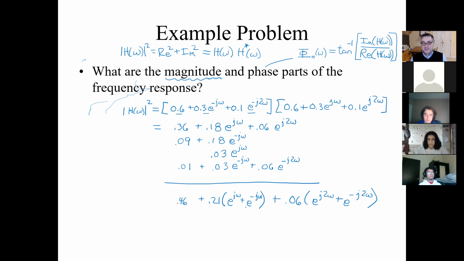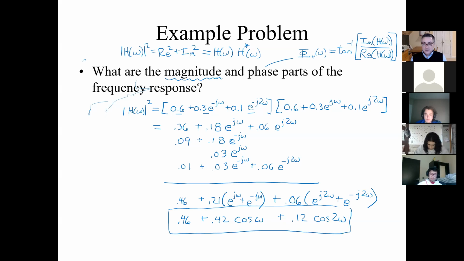Hopefully you recognize these terms as looking something like the cosine. Okay, and so in the interest of simplifying, that's the simple form of this.